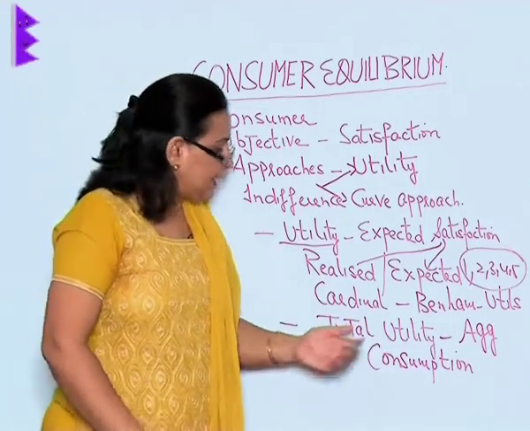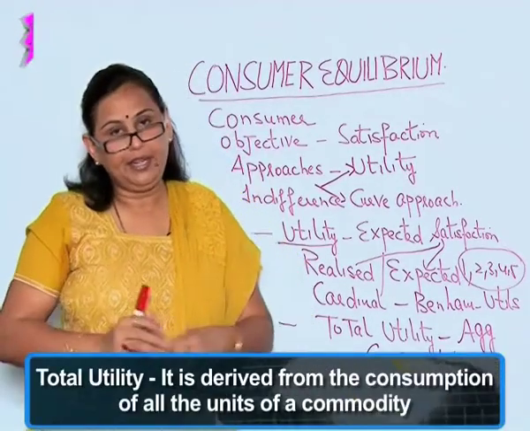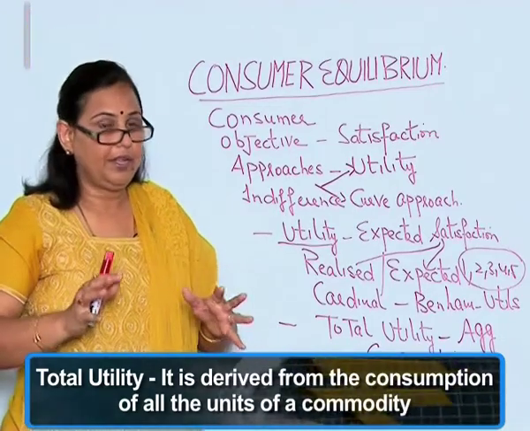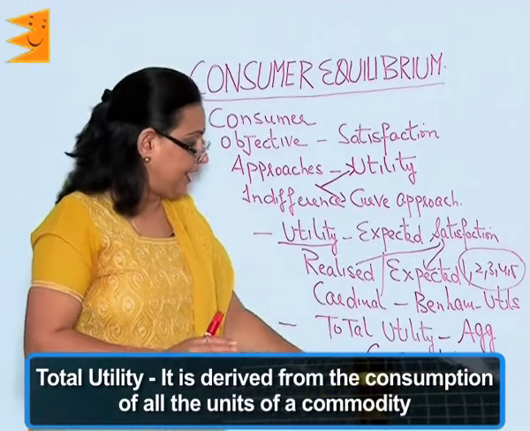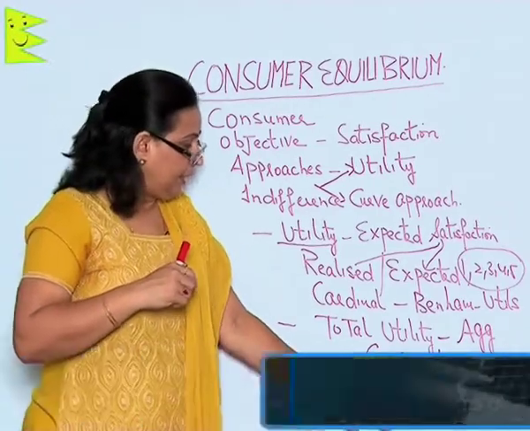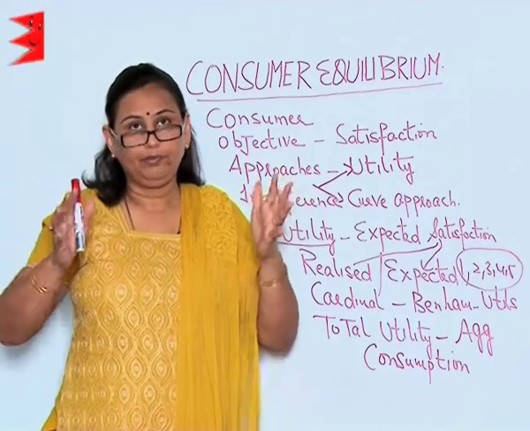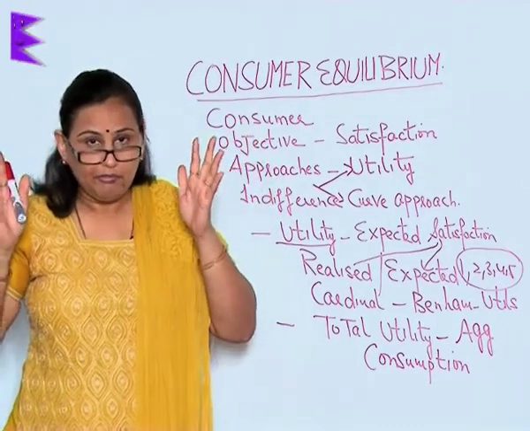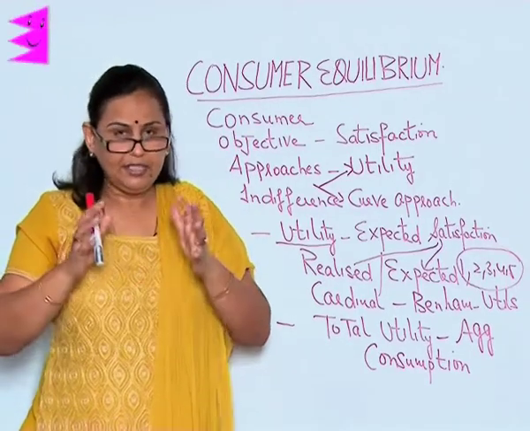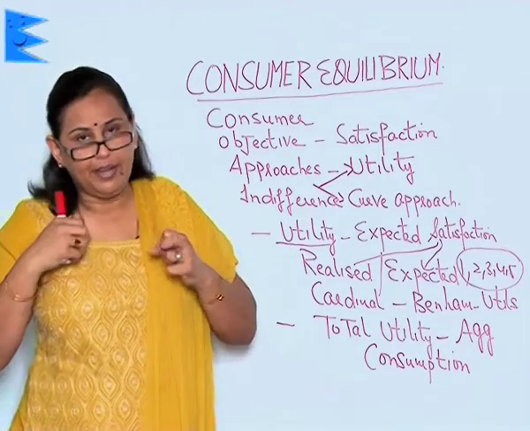Now, the next term is total utility. Total utility is derived after I have consumed X number of things. For example, when I have consumed, say, my 4 ice creams or my 4 chocolates, that is the consumption level which is actually required.